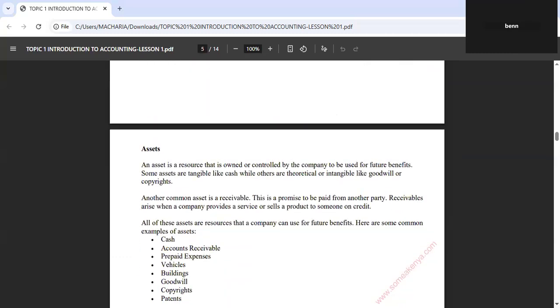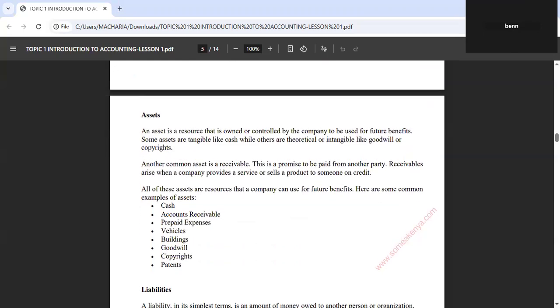Now, what are these assets? I've mentioned assets equal equity plus liability. An asset is a resource that is owned or controlled by a company to be used for future benefits. Simply, an asset has economic value.